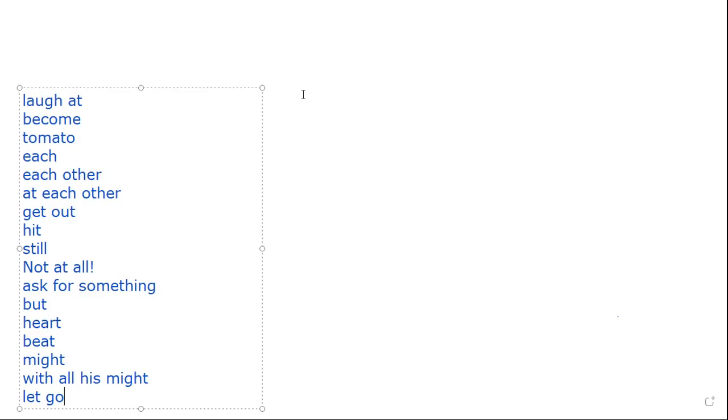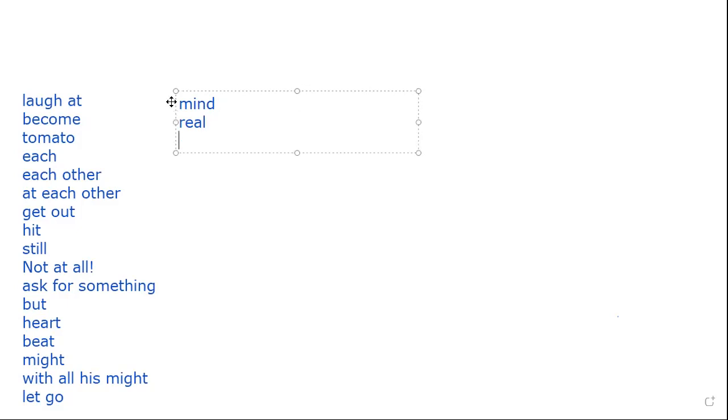Then mind is just to remember, and real, something that is connected to reality, and Simple Simon is like a character who is a simpleton, really not so smart.